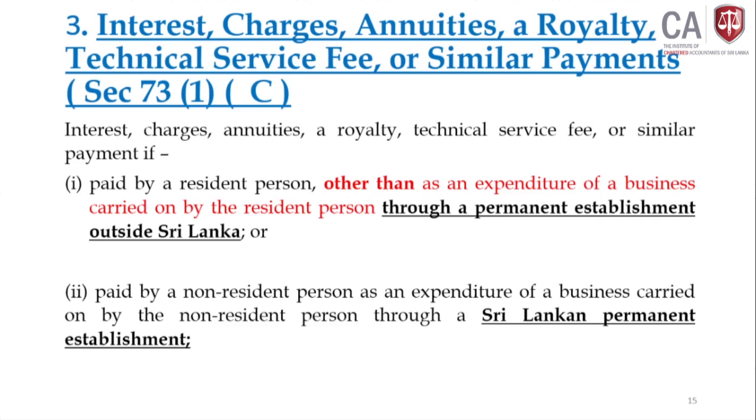Now, we will come to the Roman 2, paid by a non-resident person as an expenditure of the business carried on by the non-resident person through a Sri Lankan permanent establishment. If these things are paid under the Sri Lankan PE, yes, it is the source of payment.